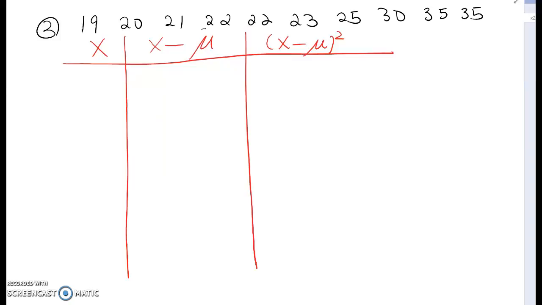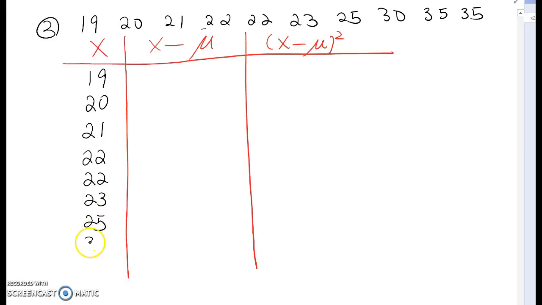The first step we will do is to list all the data on the first column, which is the data entry: 19, 20, 21, 22, 22, 23, 25, 30, 35, and 35.